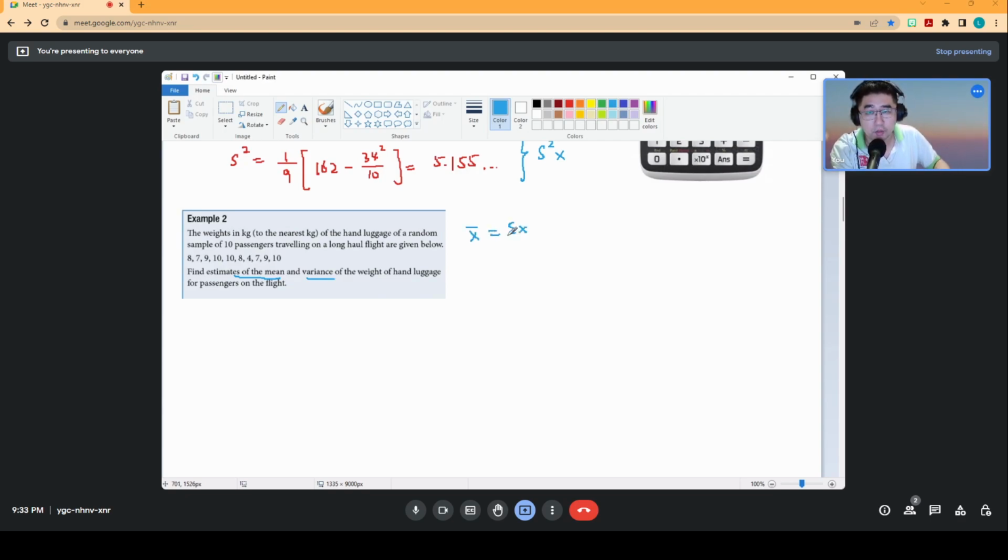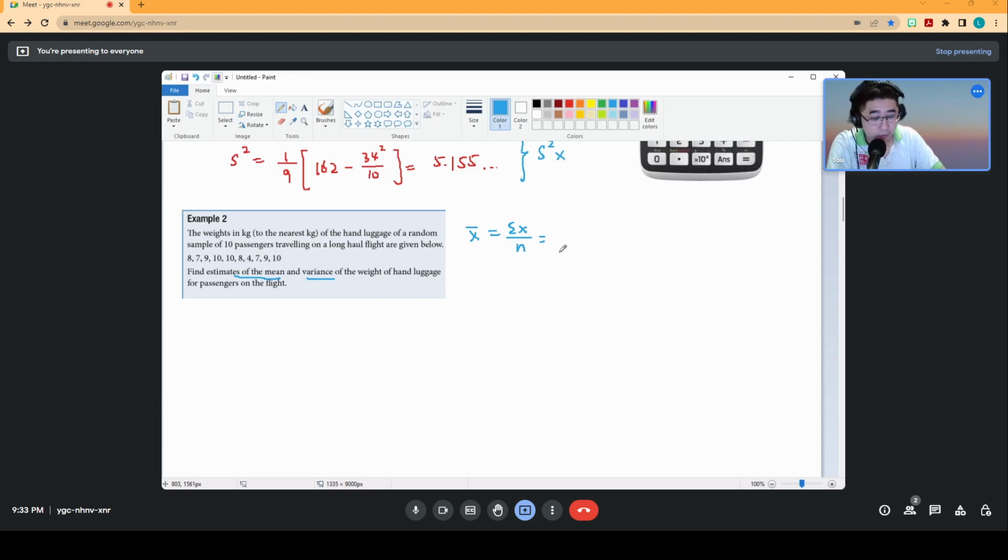So sum of x over n. First I clear my memory: shift 9, set memory, yes. Then option, select type, one variable.